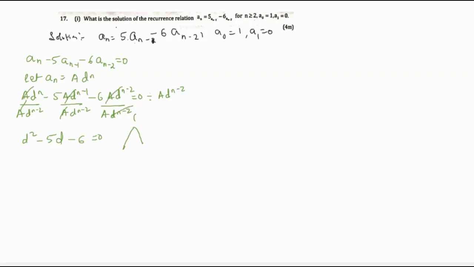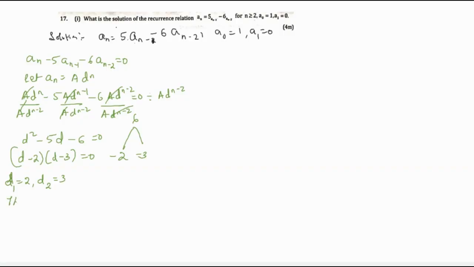Now find the factors for 6: 2 times 3 is 6, and minus 2 minus 3 gives you minus 5. So (d minus 2)(d minus 3) equals 0. The roots are d1 equals 2 and d2 equals 3.